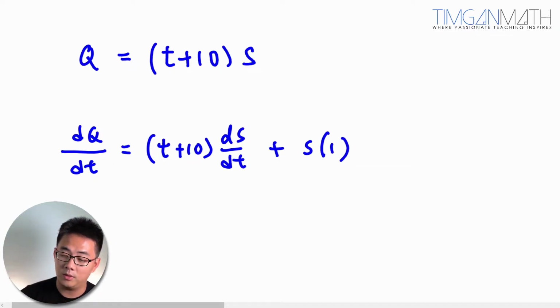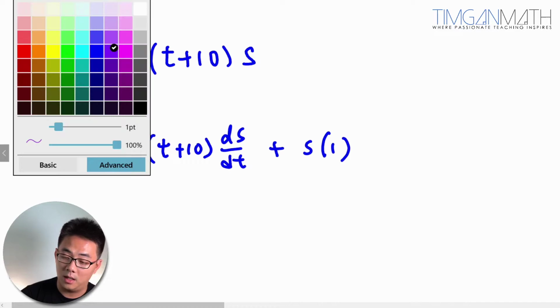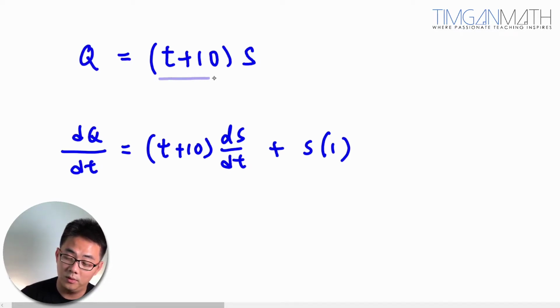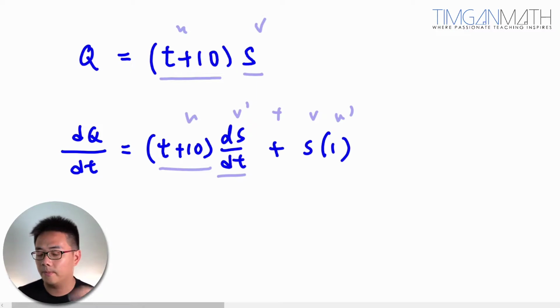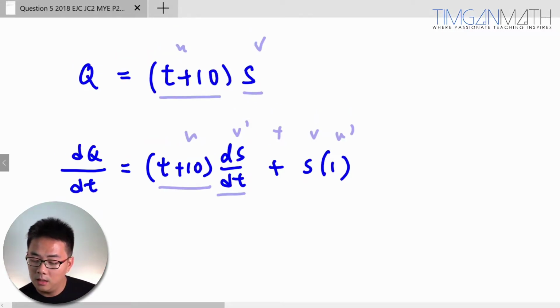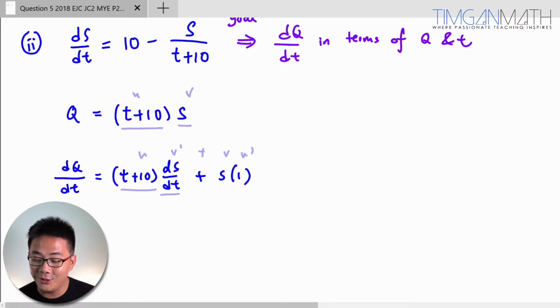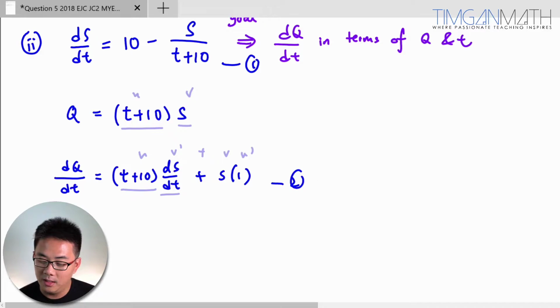So just make sure your product rule is okay, because this is your u, this is your v, and it is u v prime plus v u prime. That's it. Once you get that ready, you're just going to substitute 1 into 2.